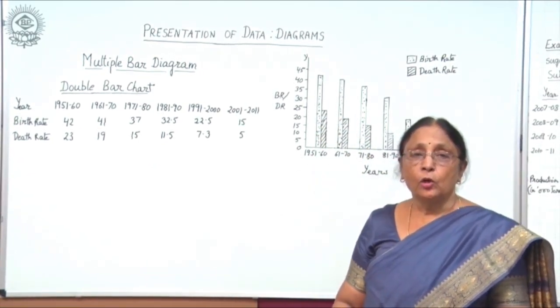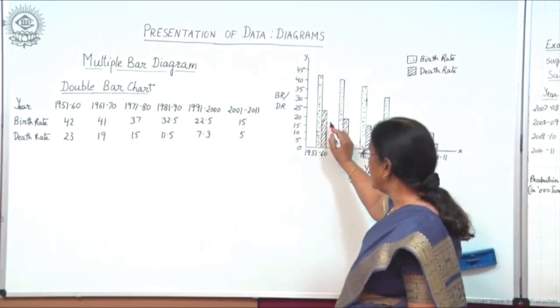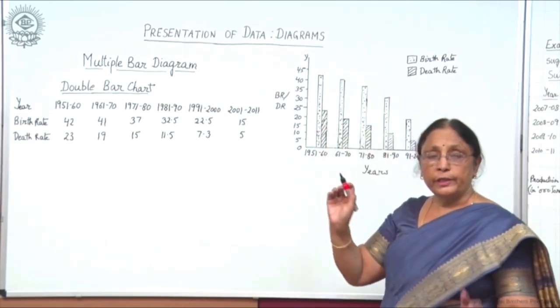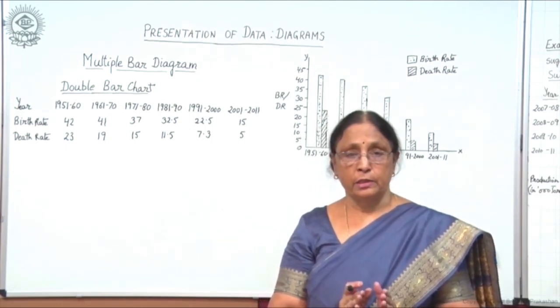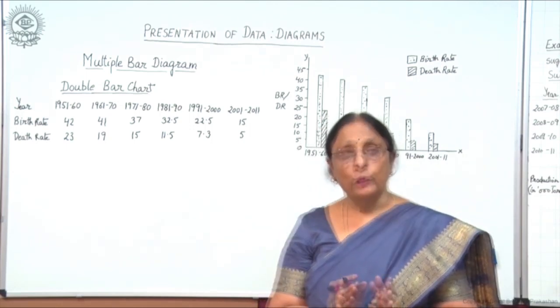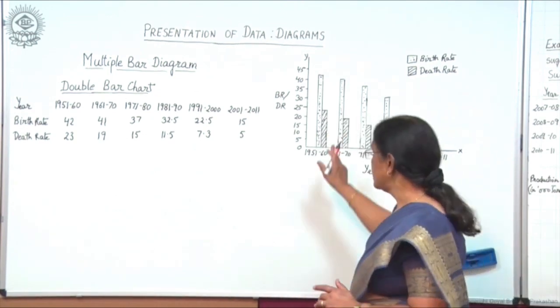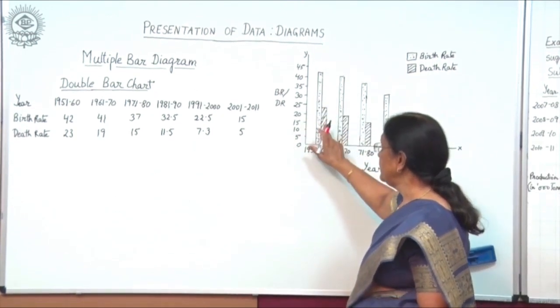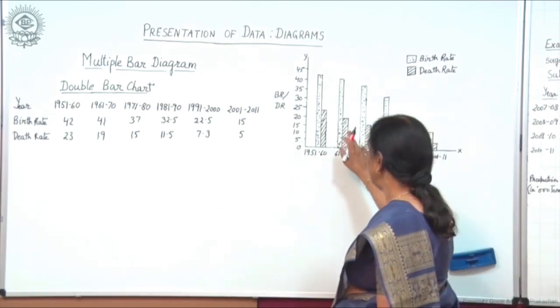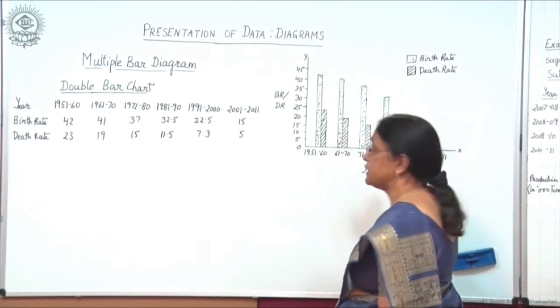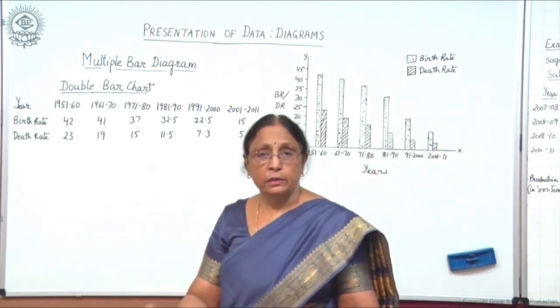Now you see that two bars are drawn, that means each year shows a set of two bars. One bar shows birth rate, another shows death rate. Similarly, for another year we have a different set of two bars.